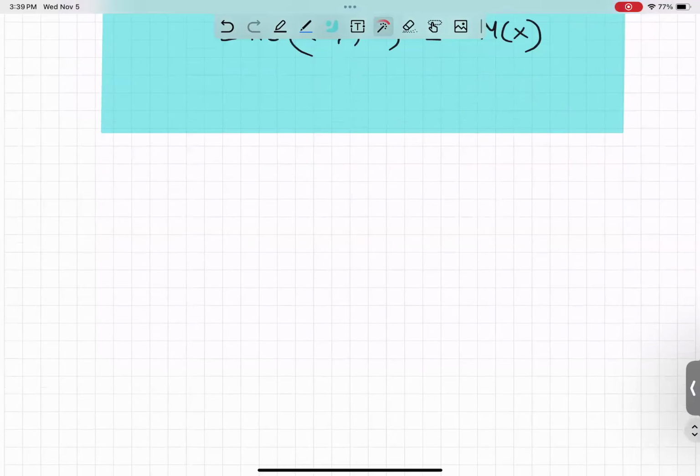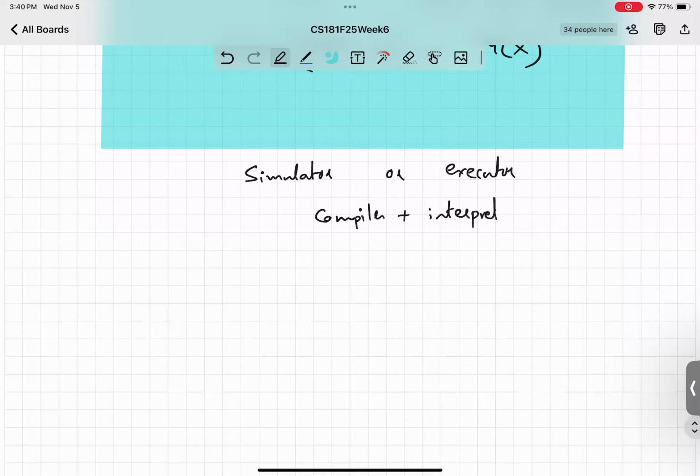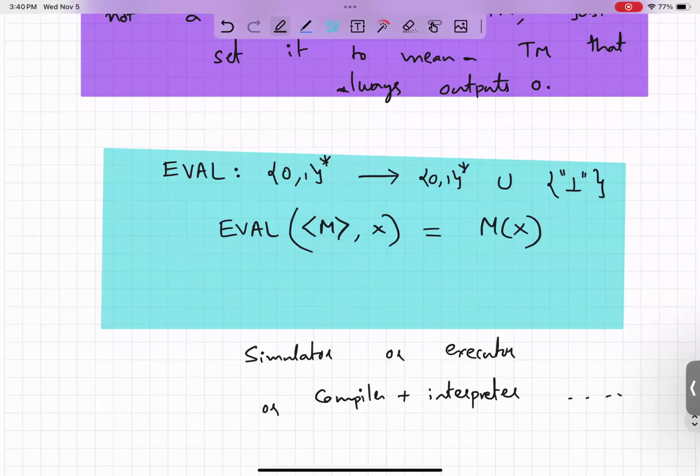Okay, this is really the analog of a simulator or executor, like compiler plus interpreter, etc. Okay, so we are saying eval just takes the description of a machine and a potential input and mimics the behavior of the machine on that input.